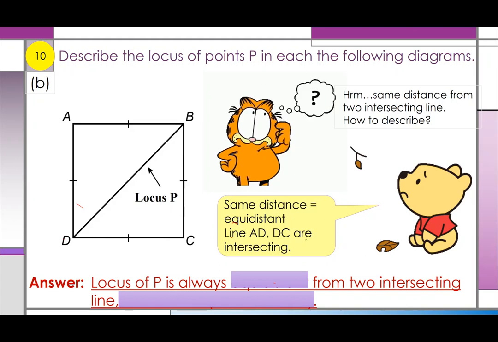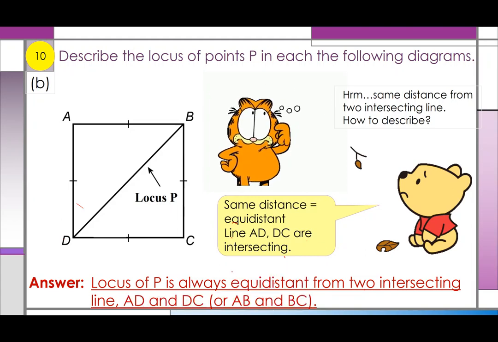Lines AD and DC are intersecting lines. So it's equidistant from two intersecting lines, because these two lines, AD and DC, or AB or BC, are intersecting.